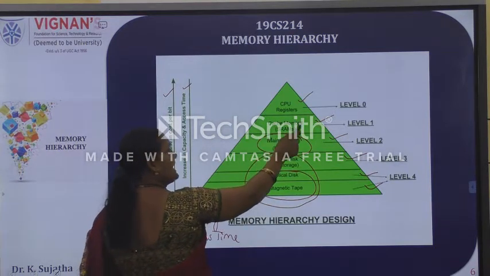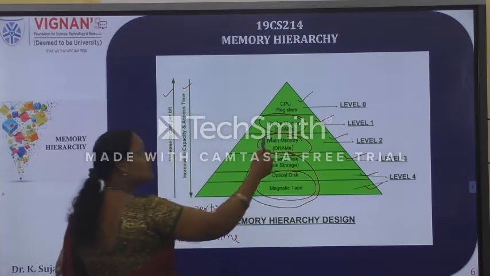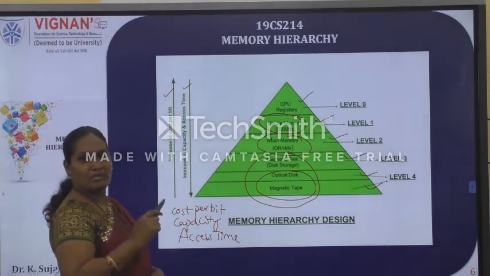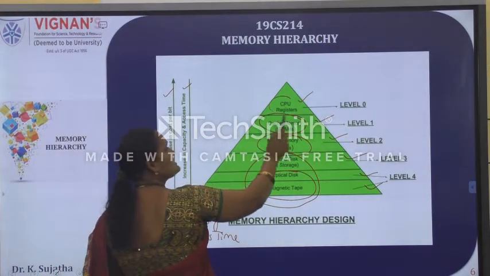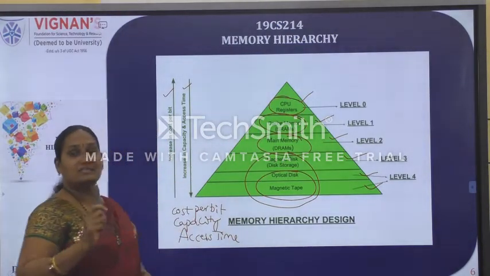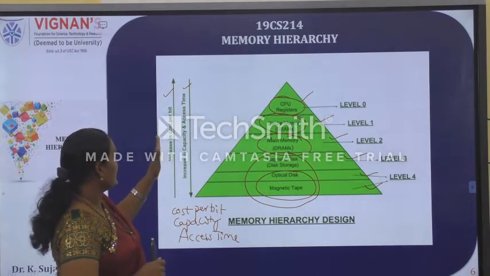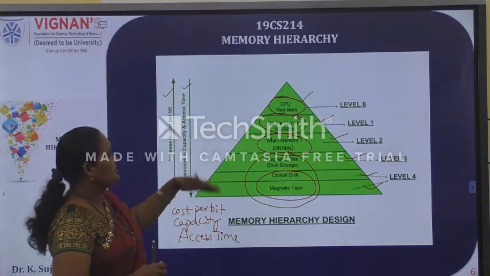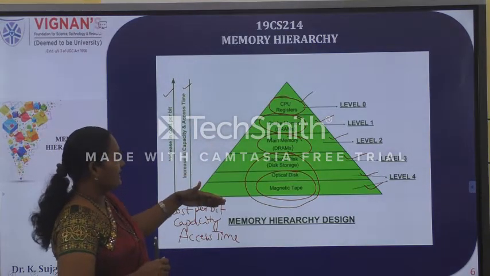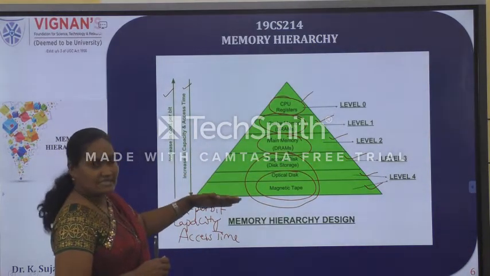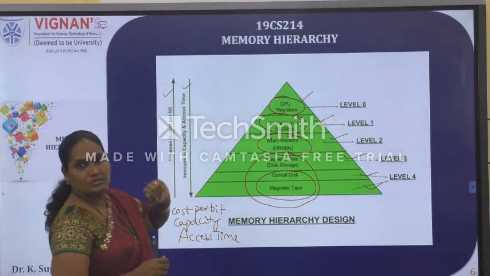Cache memory is costlier than main memory. And registers are the costliest memory units. So in the hierarchical diagram, the cost increases from bottom to top.